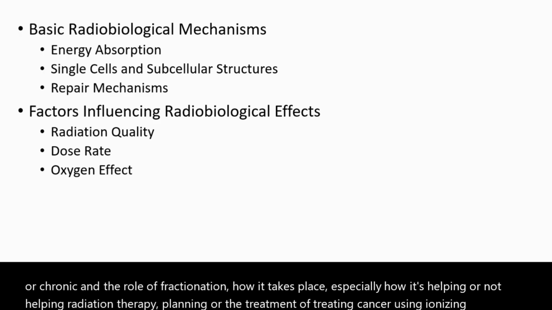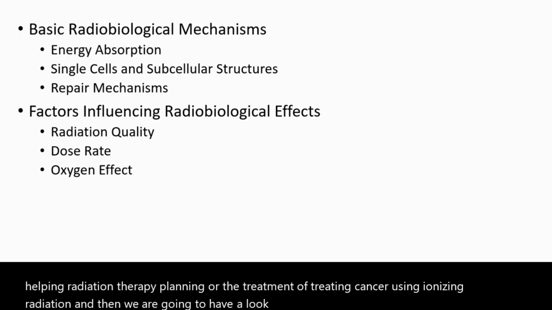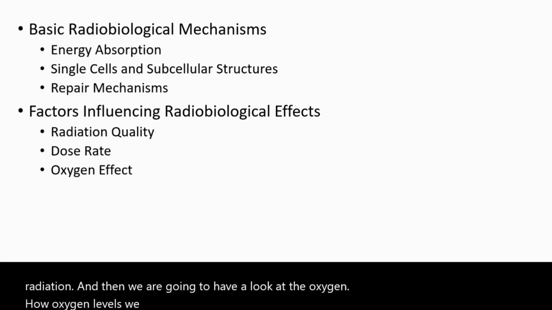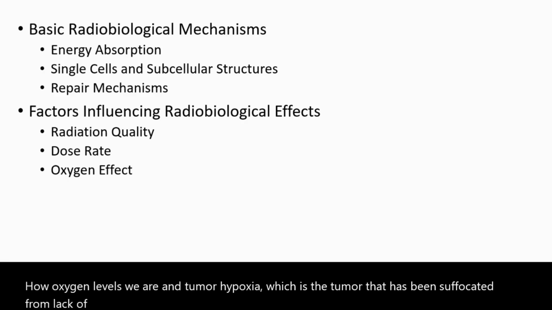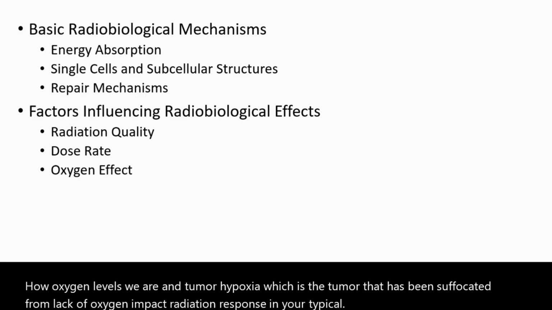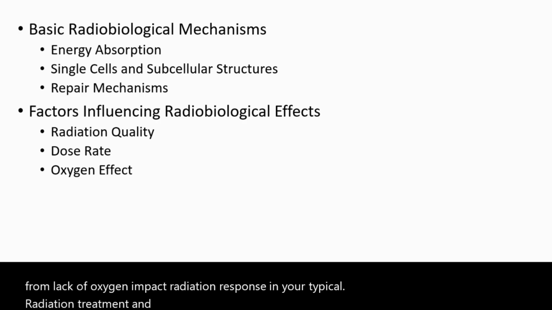And then we are going to have a look at the oxygen effect, how oxygen levels, OER, and tumor hypoxia, which is the tumor that has been suffocated from lack of oxygen, impact radiation response in your typical radiation treatment and planning.